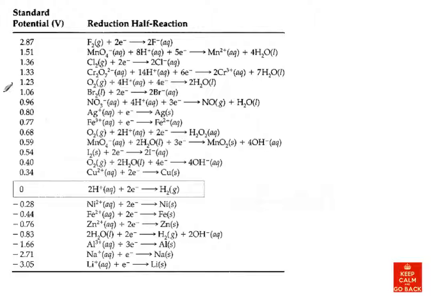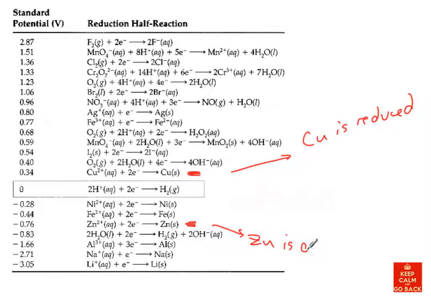Okay, so let's find our two half reactions. Here's our copper half reaction, and here's our zinc half reaction. You notice copper is above zinc on this table, so that means copper is reduced, and that means zinc is oxidized.